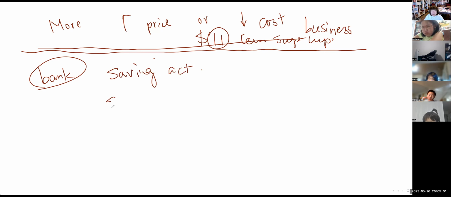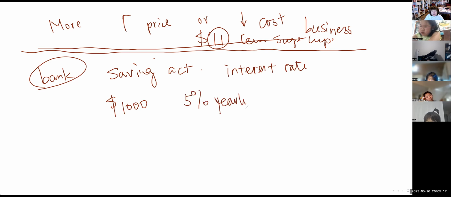Okay, so Ethan, for instance, you have $1,000. Okay, and you go to the bank and ask them, what is your interest rate? Okay, so the bank said, I'm going to give you 5% yearly interest. What does it mean? That means you give them money.